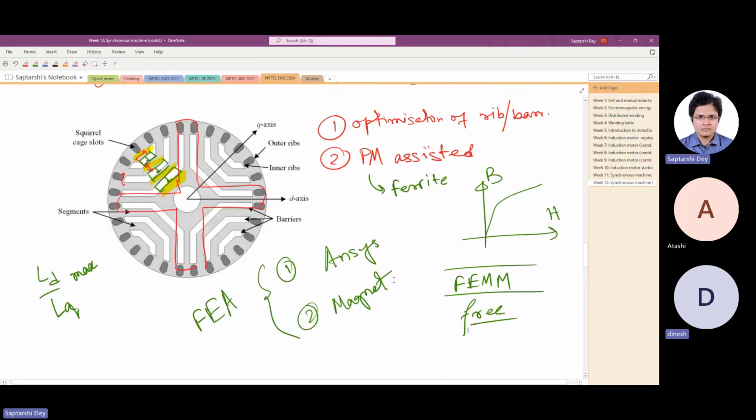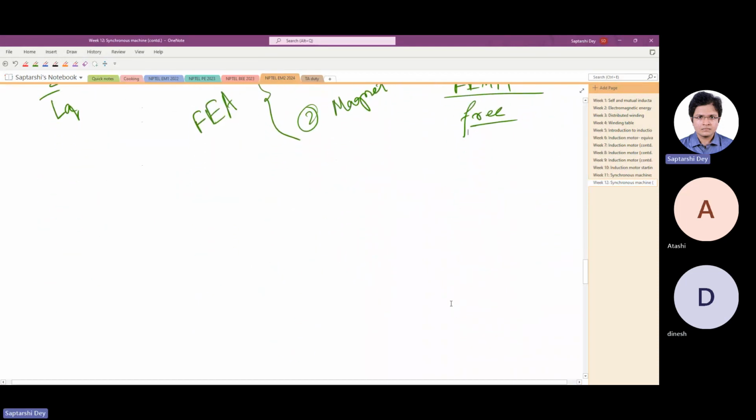All right. So synchronous reluctance motor, switched reluctance motor. It looks like this. I will quickly show you a photo. Once you see the diagram of switched reluctance motor, you will understand that it is the simplest machine that one can imagine.